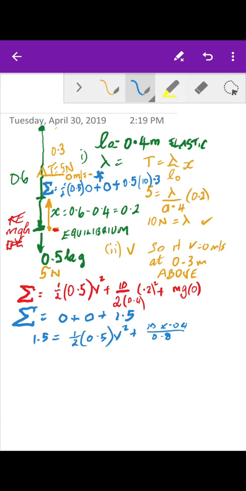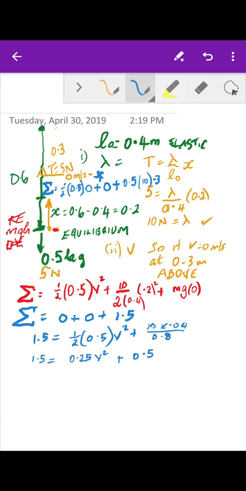Therefore, when you do your formula here, when you take v squared, so 1.5 equals 0.25 v squared plus, and that's 10 divided by 20.5.